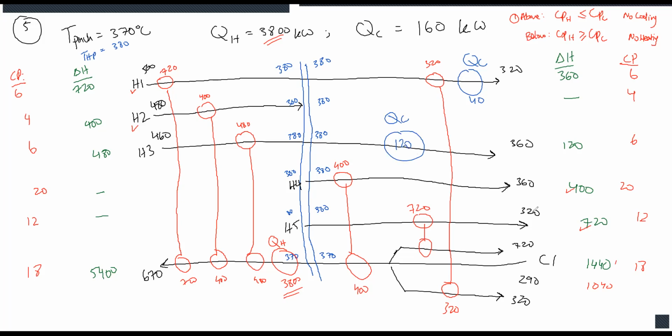And H4 is done, H5 is done, and then C1 will be done using this because 400 plus 720 plus 320 is equal to 1440. Right, let's verify this. 400 plus 720 plus 320 is equal to 1440, so C1 is done. And now if we check the overall cooling utility below the pinch, 40 plus 120 is equal to 160, so this network is valid, okay?